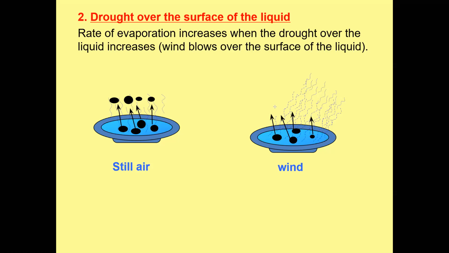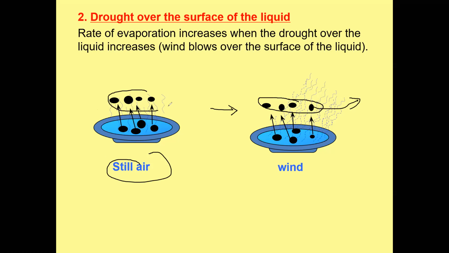But what happens if you have windy conditions? The wind, moving air, will take away these molecules. When the wind takes away these molecules, other molecules have space and can come out. But when you have still air, these molecules will remain at this position, so the other molecules don't find space to come out. So if it's still weather, the evaporation will be slower. When it is windy, the evaporation will be faster.